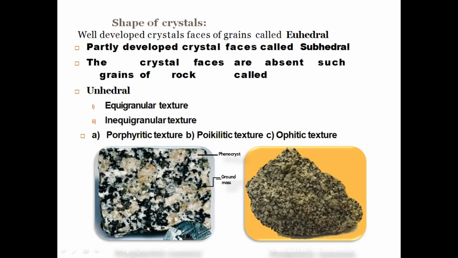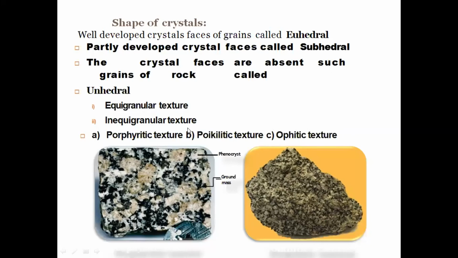It's just like pizza dough: you can understand that there is one crystal, and on top of it are the ingredients, that is actually the xenocrysts or the phenocrysts, and that is the poikilitic. Ophitic texture is somehow related to the poikilitic texture. Ophitic texture is one in which there are more crystals that are enclosed in one big crystal, and there can be more than one big crystal.